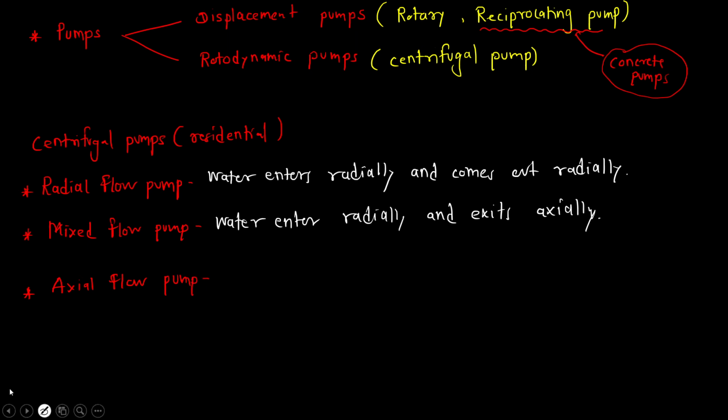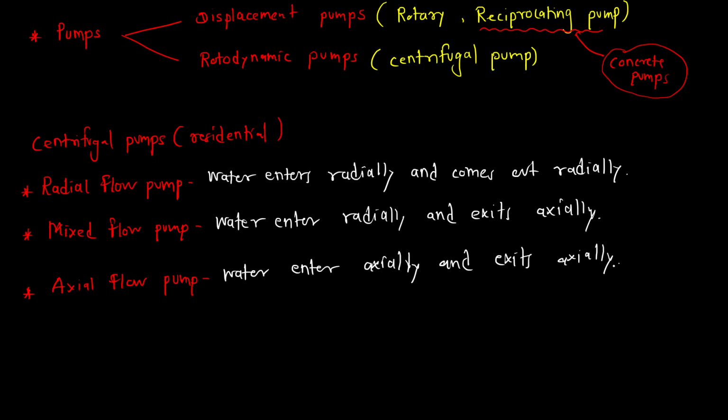So these have both entry and exit axially. Okay, so these are some important points about these three types which are generally asked in the exam. So just remember those points, how the water enters and exits from the pump.